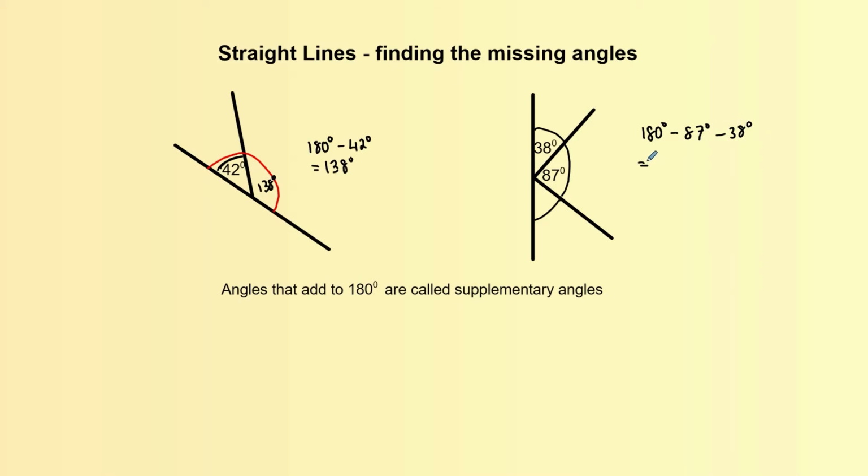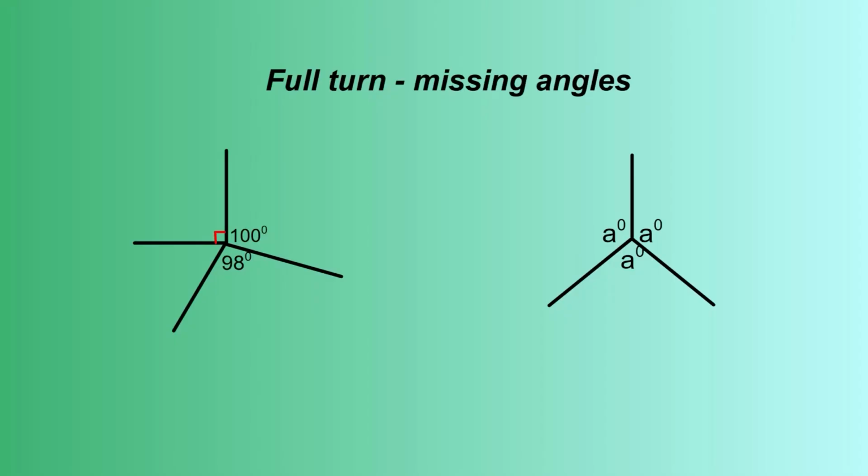So we're going to take away the angles that we know to find the one that's missing. You can do that in a couple of different ways. You could add the two angles together and then take them away. It's entirely up to you what you prefer. I just think this is a little bit more straightforward. And that gives us 55 degrees for the remaining angle. So if we add those three angles together, that should give us 180 degrees, which it does, so that works out fine.